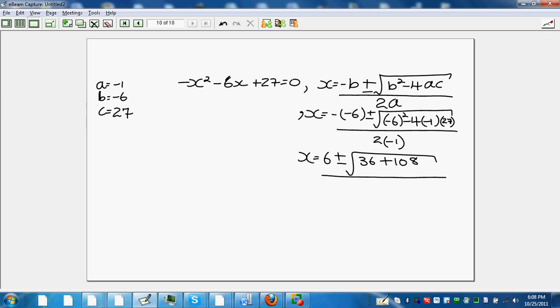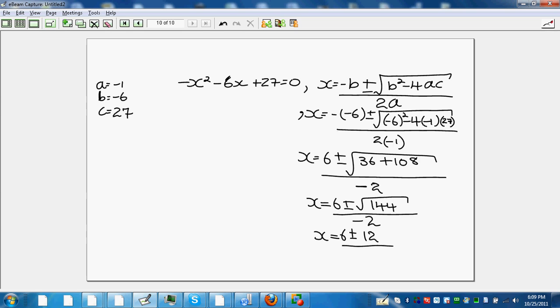So what happens then? x works out now to be 6 plus or minus the square root of 144 all over minus 2. So x is equal to 6 plus or minus 12 all over minus 2.